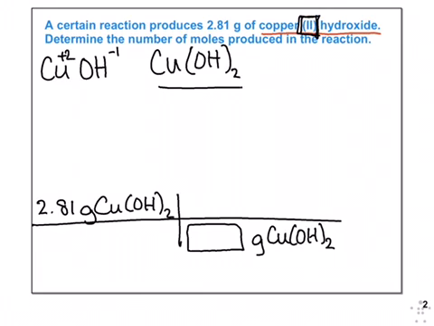Yeah, we need to do what we did yesterday when we added all the masses. So we have to look up the mass for copper on the periodic table, multiply it by the number of atoms of copper. Is it 63.55? How many oxygen atoms are in copper hydroxide, or copper 2 hydroxide? 2. 16.